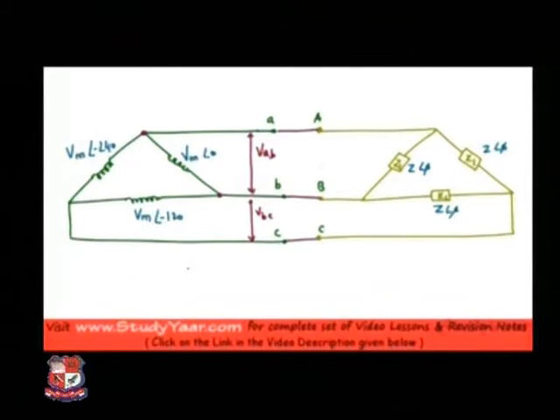Your line voltage VBC is simply the voltage across this point and this point, which is this voltage. And what is your line voltage VCA? It is the voltage across this point and this point, which is the voltage generated in this coil.